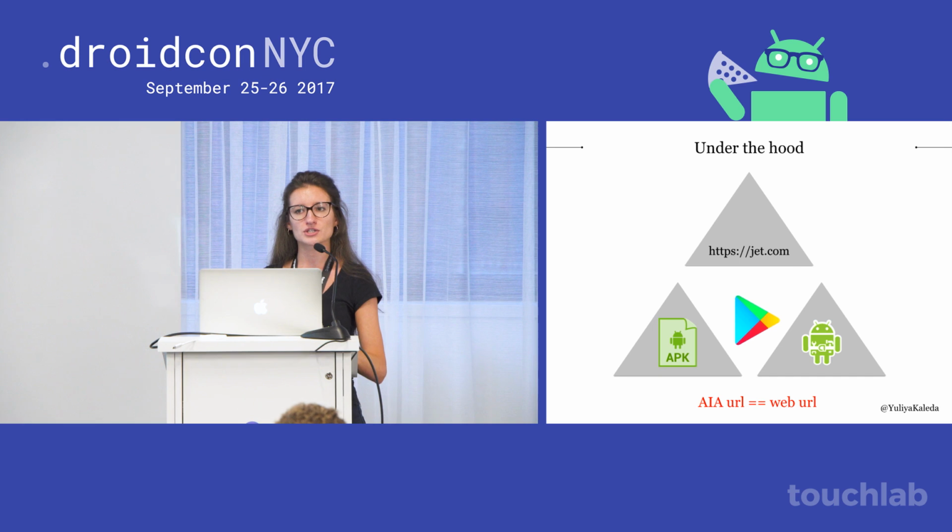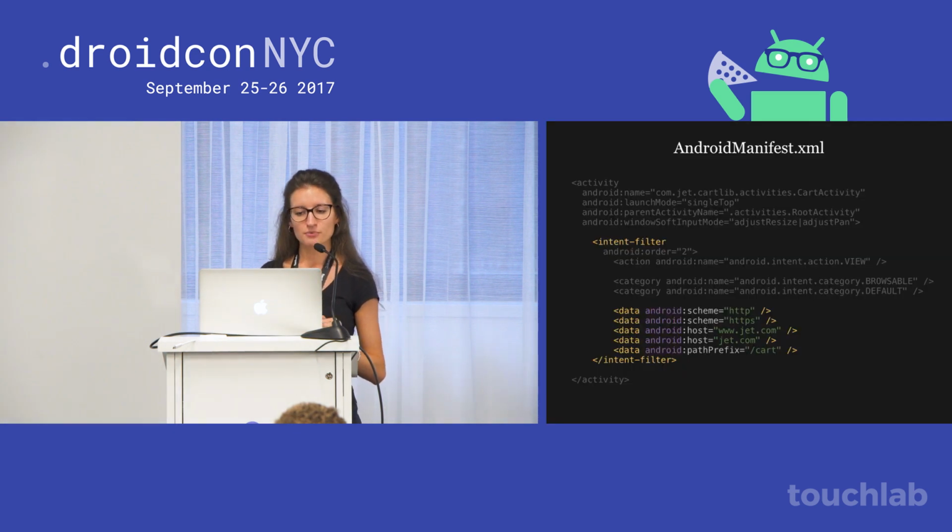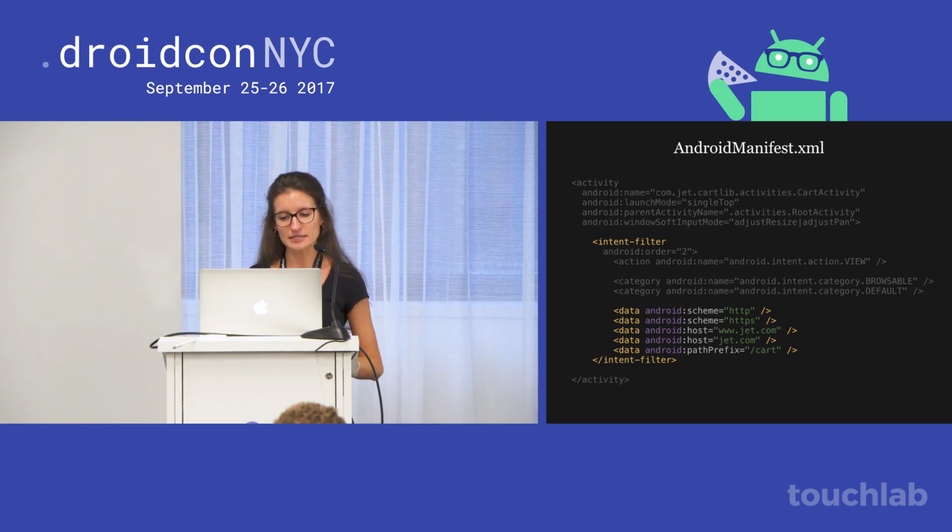So the best solution is to make sure your Instant App URL addresses match your mobile web addresses, so that on the devices where Instant App is supported, the users will download the Instant App. Otherwise, users will fall back into your mobile web experience. And as you can probably guess, the place where we declare our intents is within our Android manifest files.